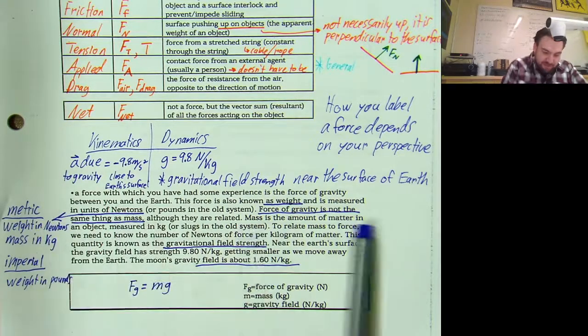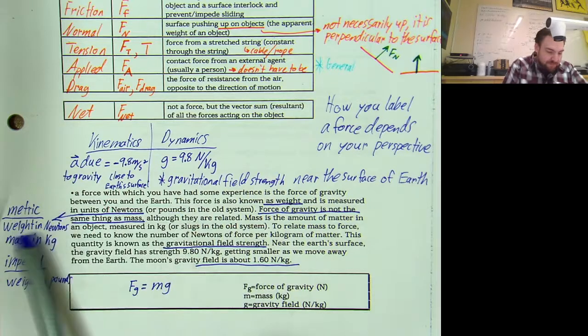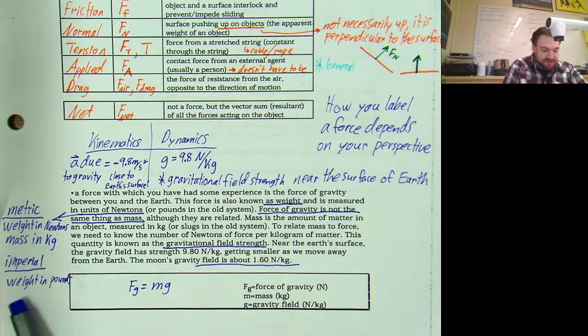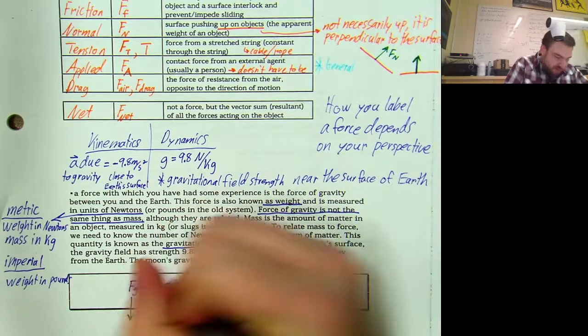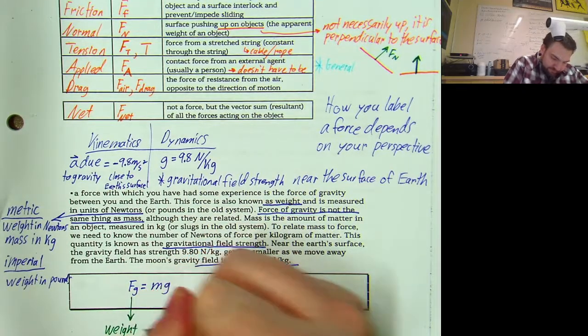Where was I here? Yeah, weight is measured in newtons. Metric units for mass are kilograms. Imperial is pounds. Fg equals mg is a formula that you should be familiar with from Physics 11. Fg there is your weight measured in newtons.